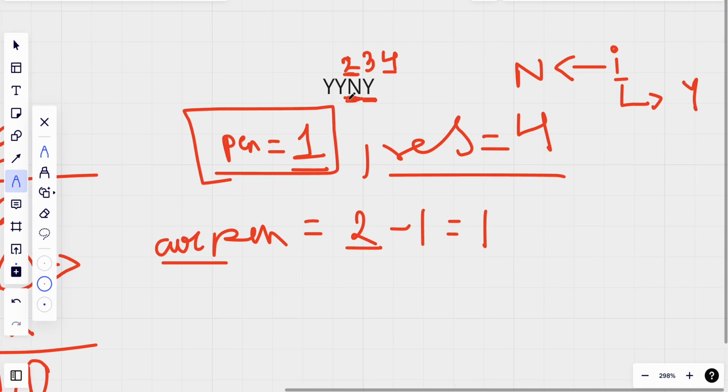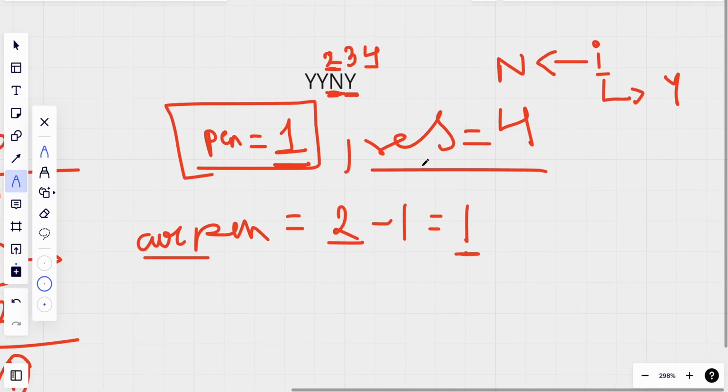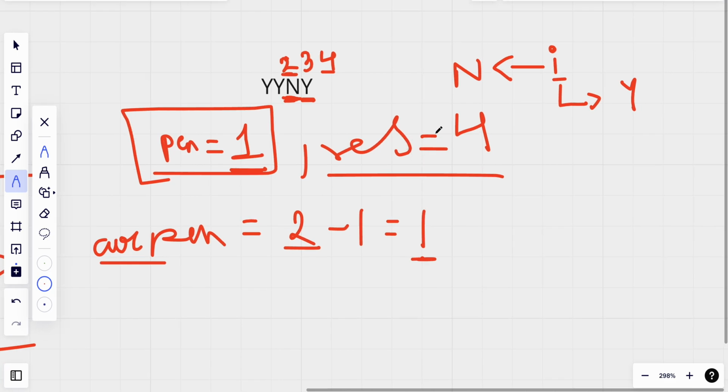Since our penalty and current penalty are equal, and we need the minimum index, we change the result, and now our result is 2 because our minimum is at index 2. Next we move to index 1, where we have a y.